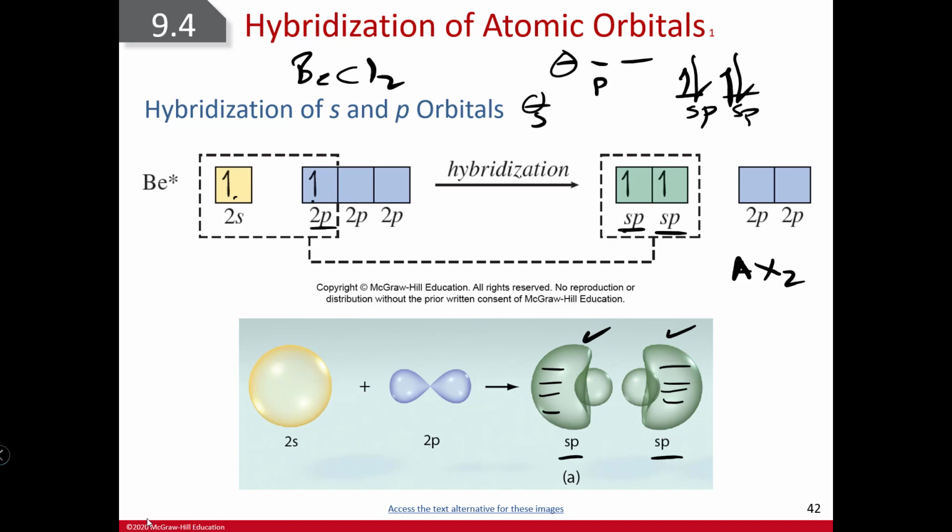By taking the 2s electrons in beryllium and moving one into the p, we have two bonding sites now called sp hybridization, two bonding sites, one for each chlorine, and we get a linear geometry. So sp is associated with a classification of AX2.